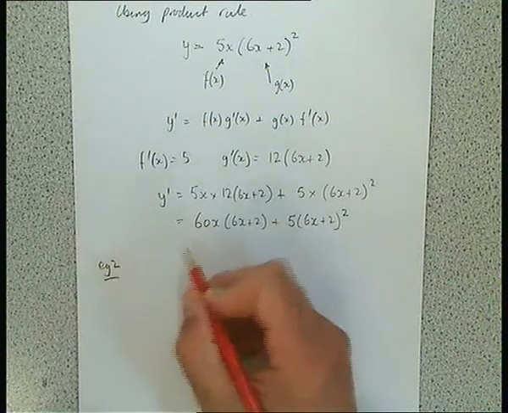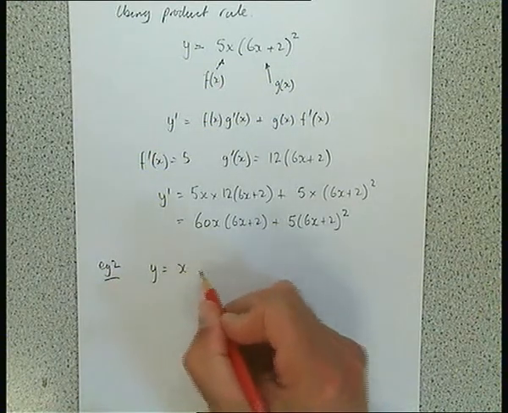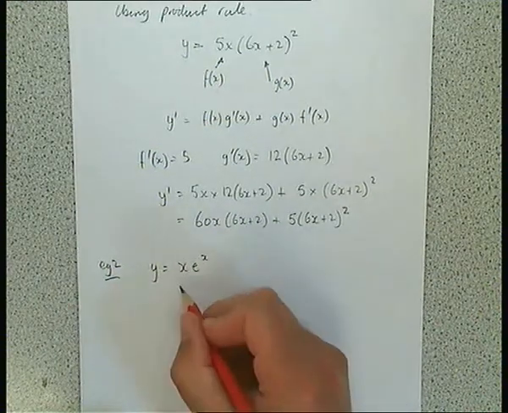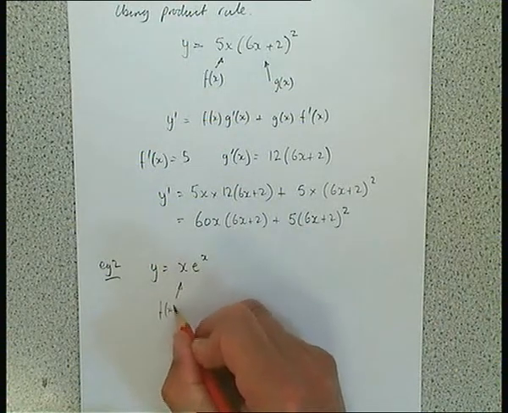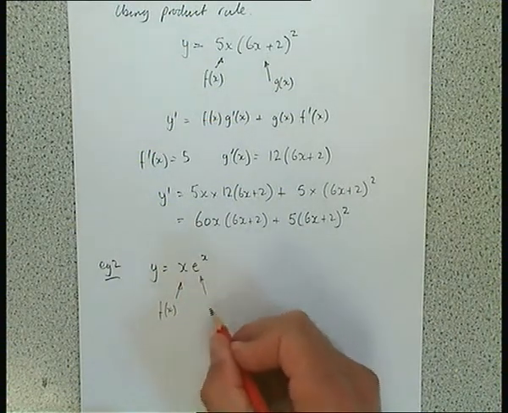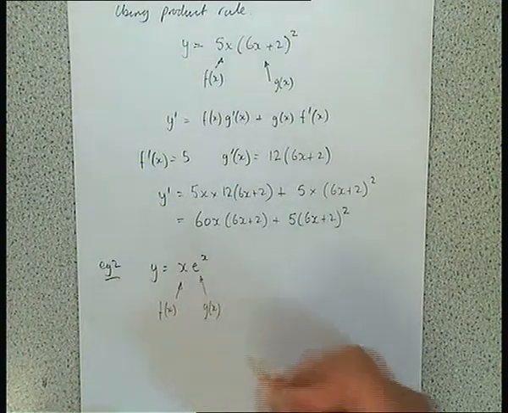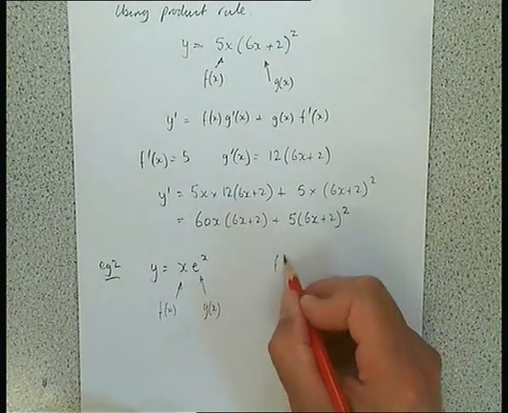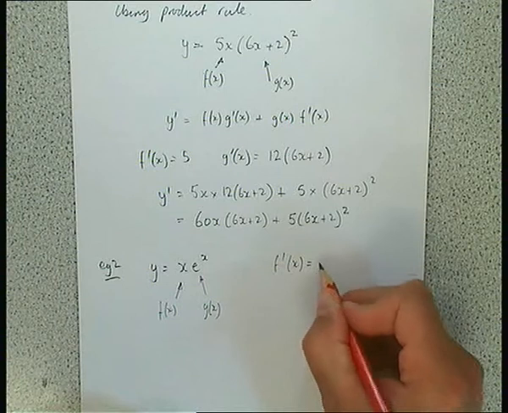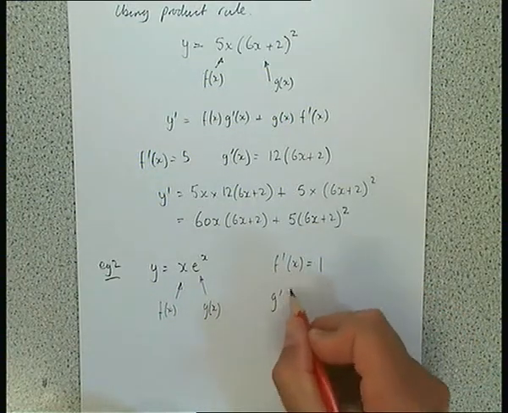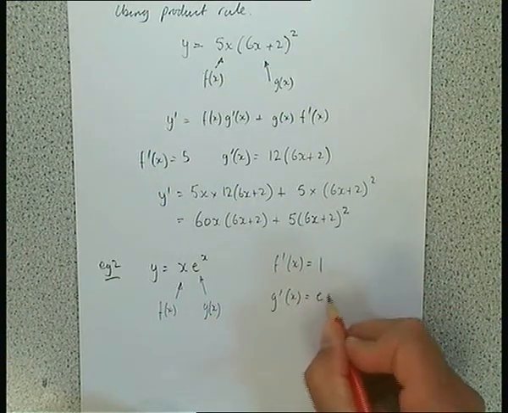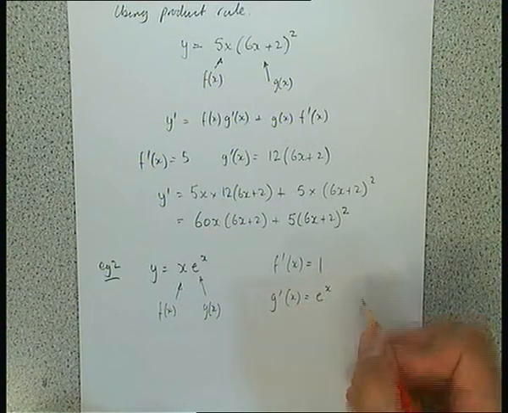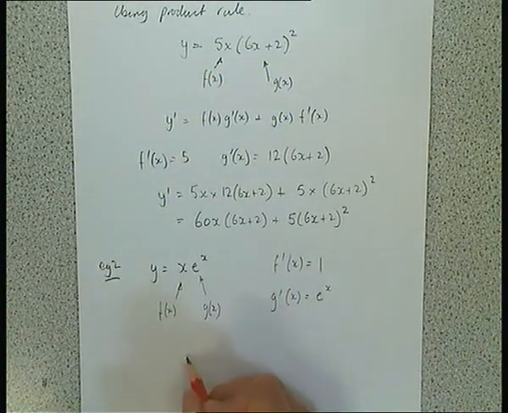I'll do another example. We have y equals x e to the x. So in this case, f of x is x, g of x is the exponential function. So f dash of x is 1, g dash of x is e to the x. Pardon me, and so I just put those back in.